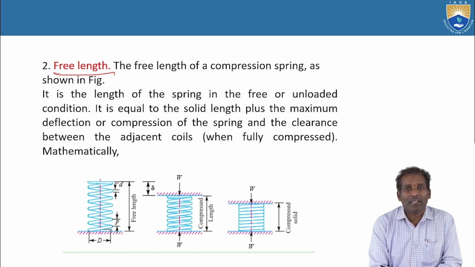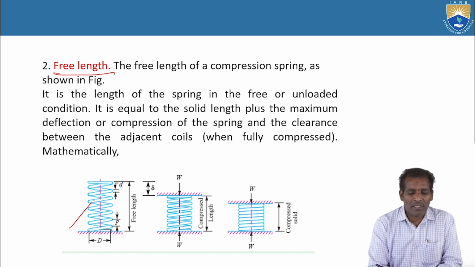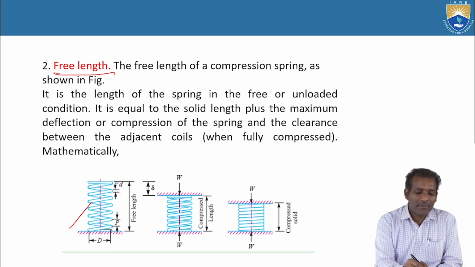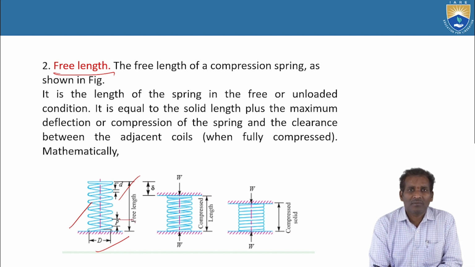So you can calculate the free length of the spring by using this expression. See in this figure, the coil spring is in a free condition. So this is the wire diameter, the coil diameter, and the pitch. So pitch means it is the distance between one coil to another coil.